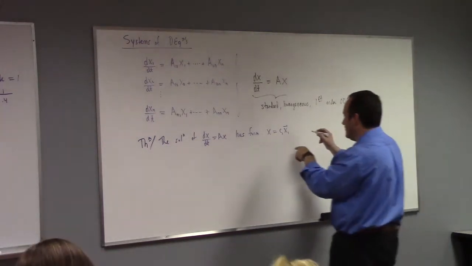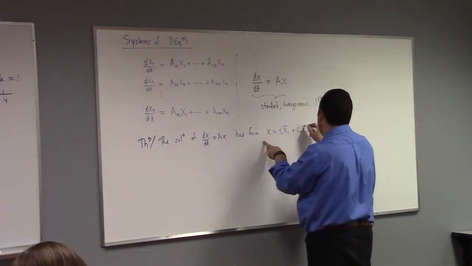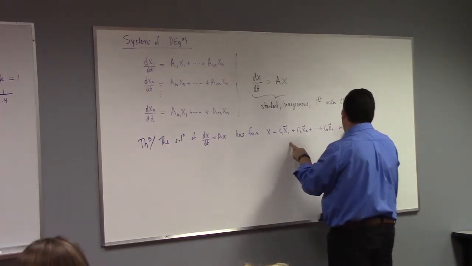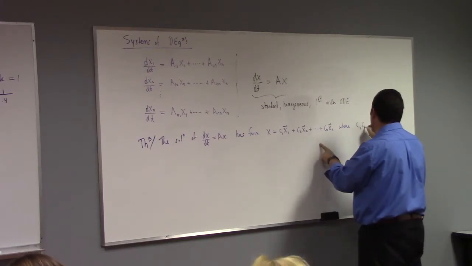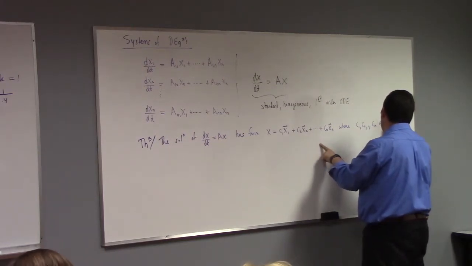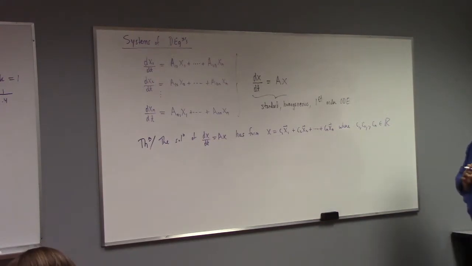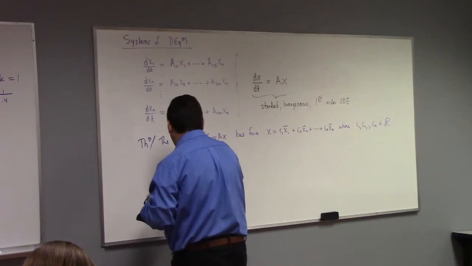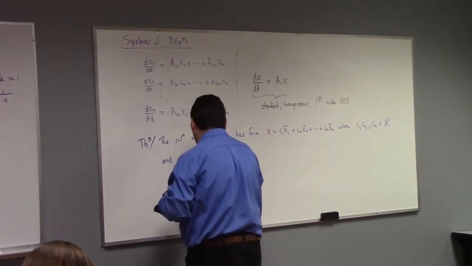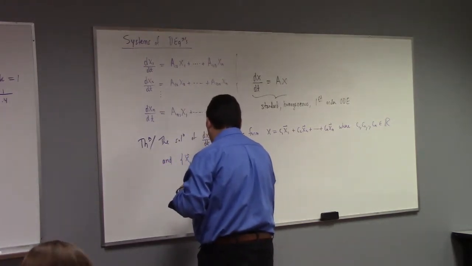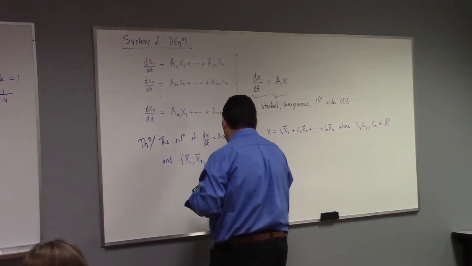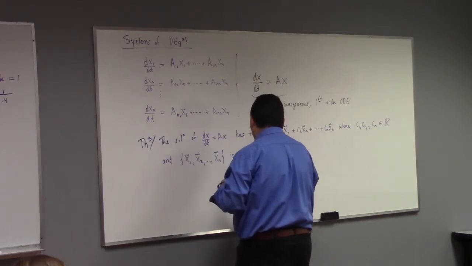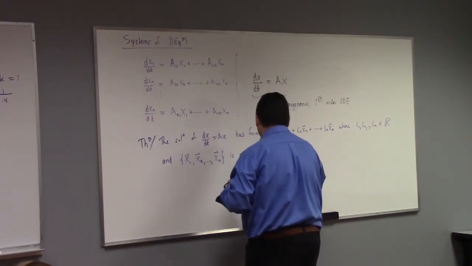Here c1, c2, ..., cn are, let's keep it real, constants, and x1, x2, ..., xn is a so-called fundamental solution set. What's a fundamental solution set?